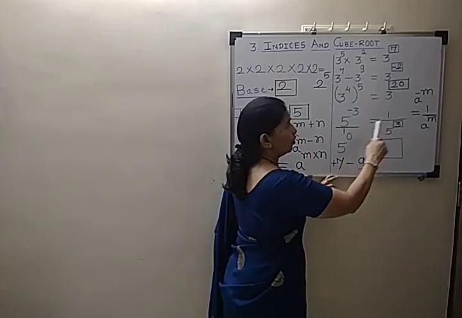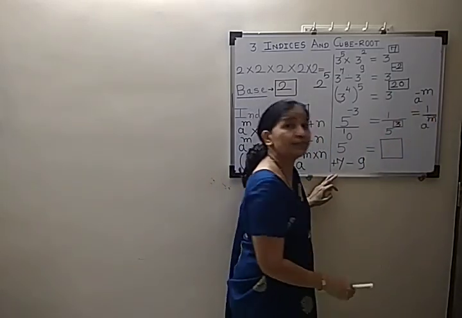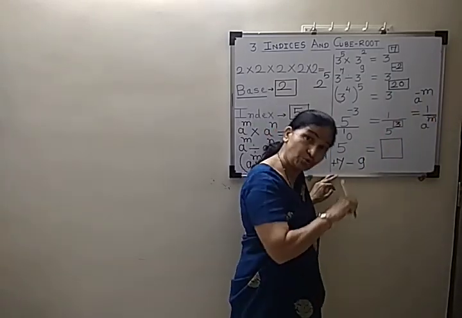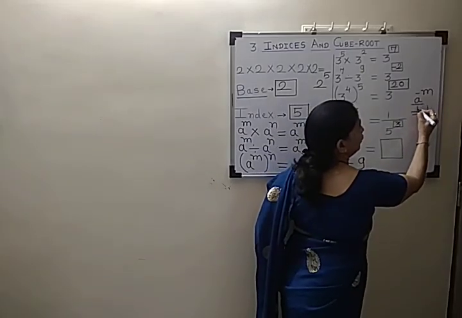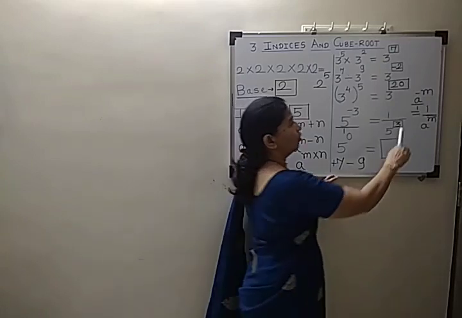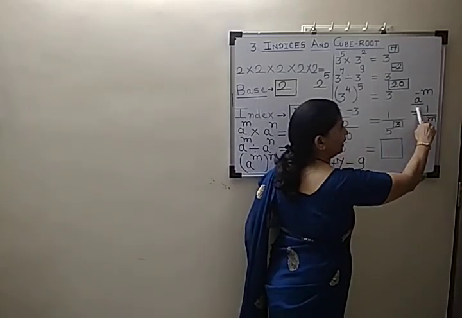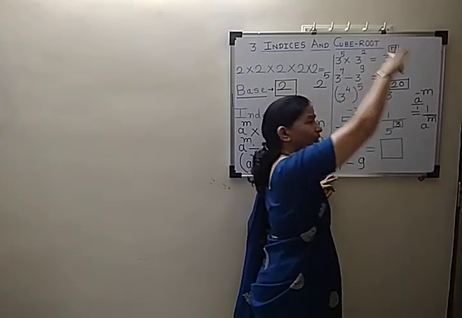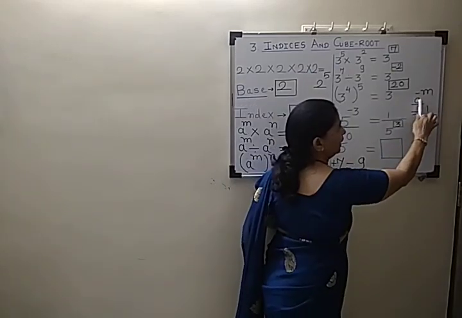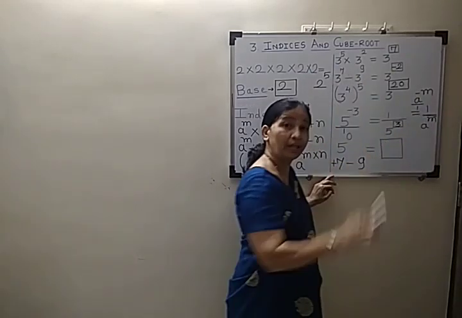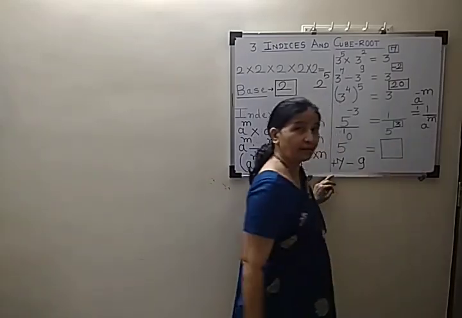Remember, so a raised to minus m means a raised to minus m upon 1. So this denominator goes up in numerator and this numerator comes down in denominator.